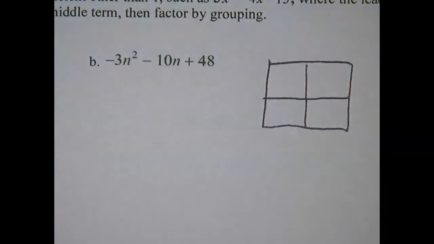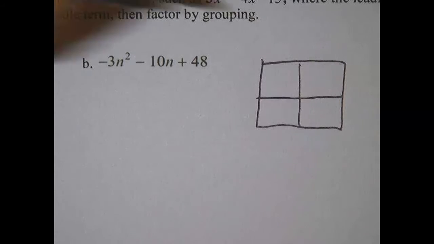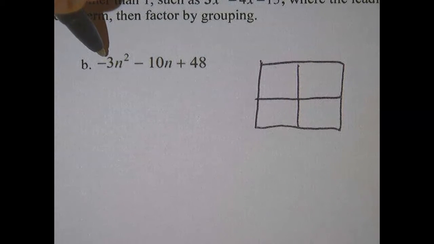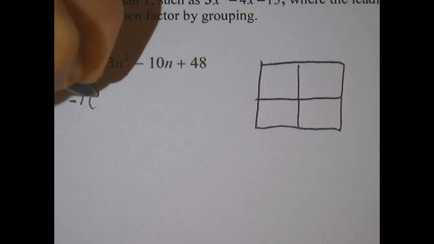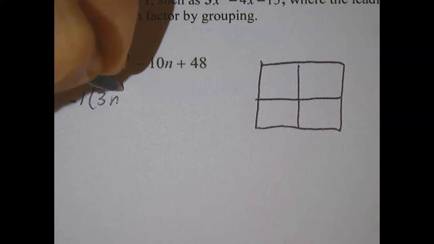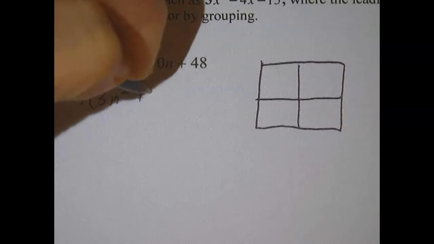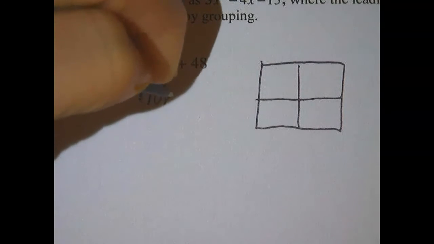So I'm going to make a little 2x2 box. Okay, there's 4 spaces there. And in the top left, I'm going to put that first term. I'm actually going to do this after I factor out a -1, because it does make things a little bit easier. So -1 times 3n squared plus 10n minus 48.